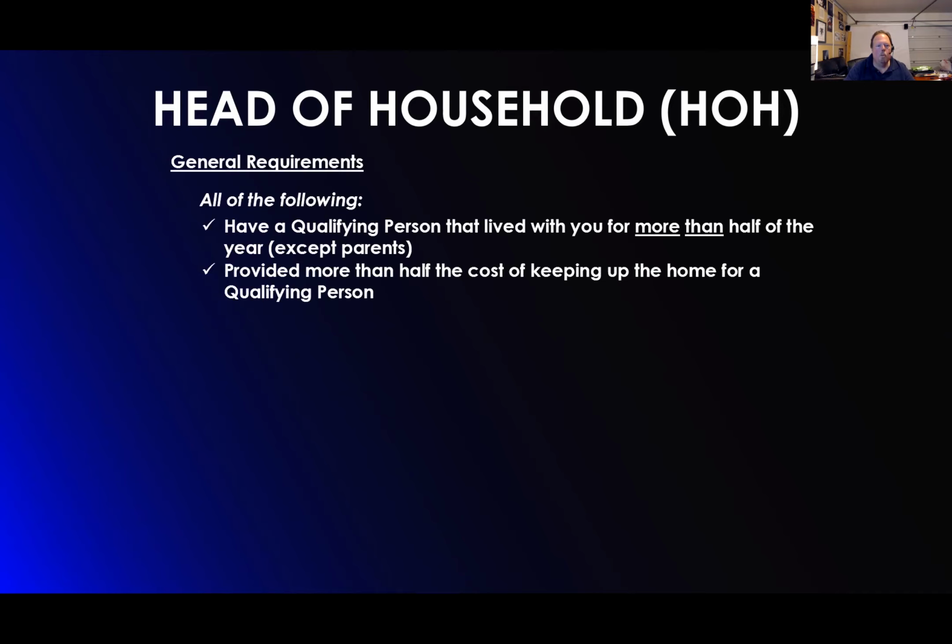You provide more than half of the cost of upkeep of the home for a qualifying person. So in other words, you're paying the heat, the rent, the food, the cost of cleaning the bathrooms, the maid service, you name it, whatever it may be. You are doing it.